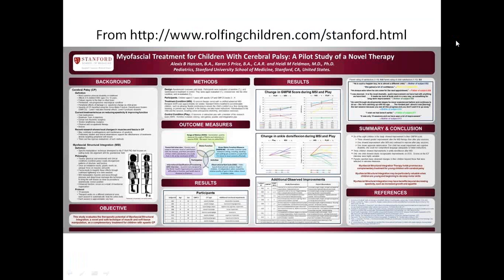So this is going back to the image that I showed before. This is the same poster. Again, now that we've gone through what the methods mean and what the results mean, just take a look at it to see what information they include. I know it's probably a little bit small to read. I did include the link so that you can look at it on your own time and probably enlarge it to get a better idea of what they include.